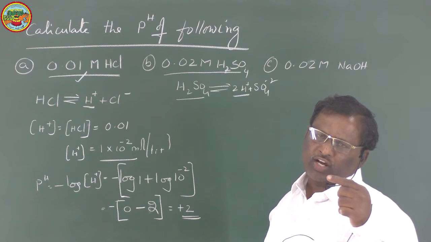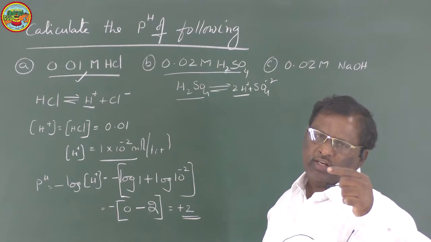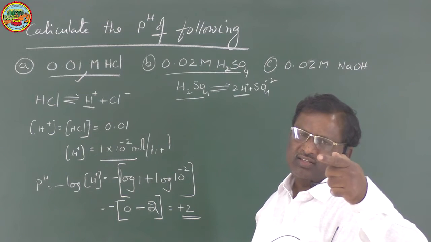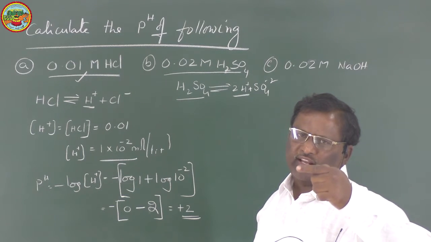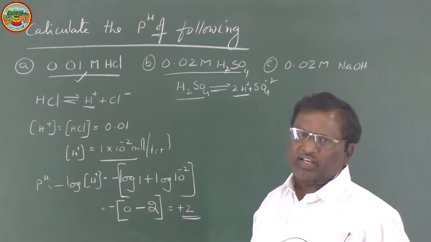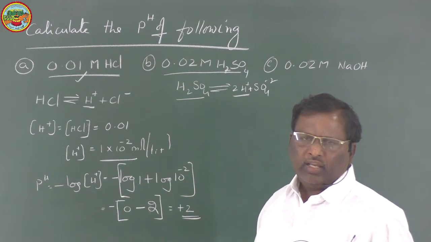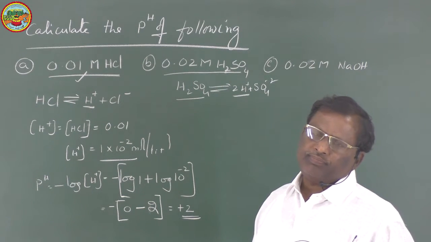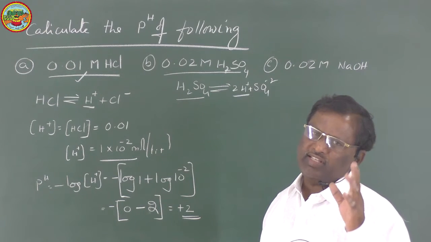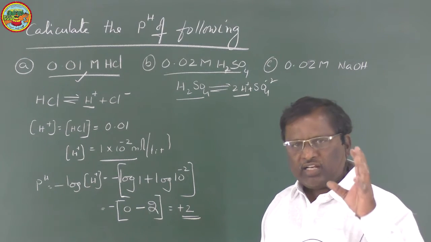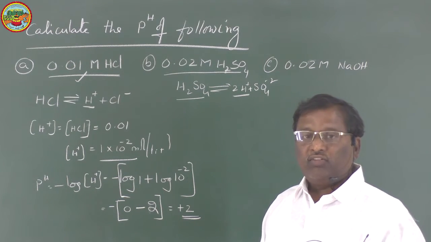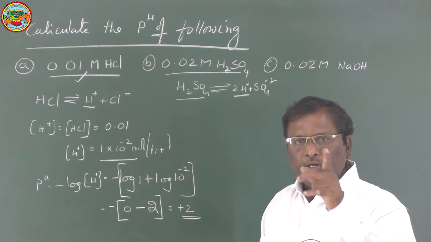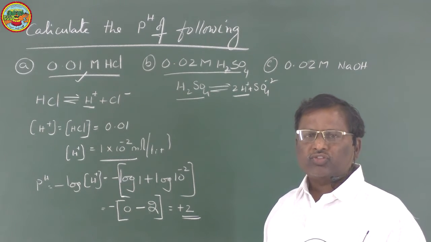Because one molecule of H2SO4 is giving 2 ions, 1 mole of H2SO4 can give 2 moles of H plus ions. Because this is also a strong acid, it will completely ionize. So in such cases, that is strong dibasic acids, the concentration of H plus ions will be equal to double the concentration of H2SO4.